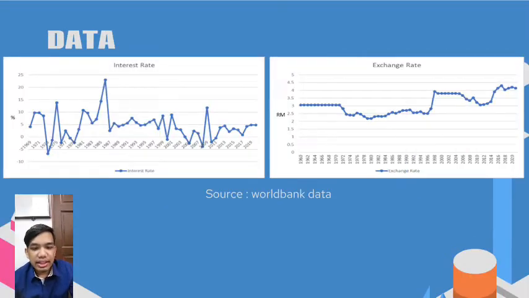Malaysia's interest rate remained steady from the early 1970s until the 1980s. When it entered the 1980s, Malaysia suffered a commodity shock in 1985 and 1986, and it marked the highest rate at 20.96% until today.